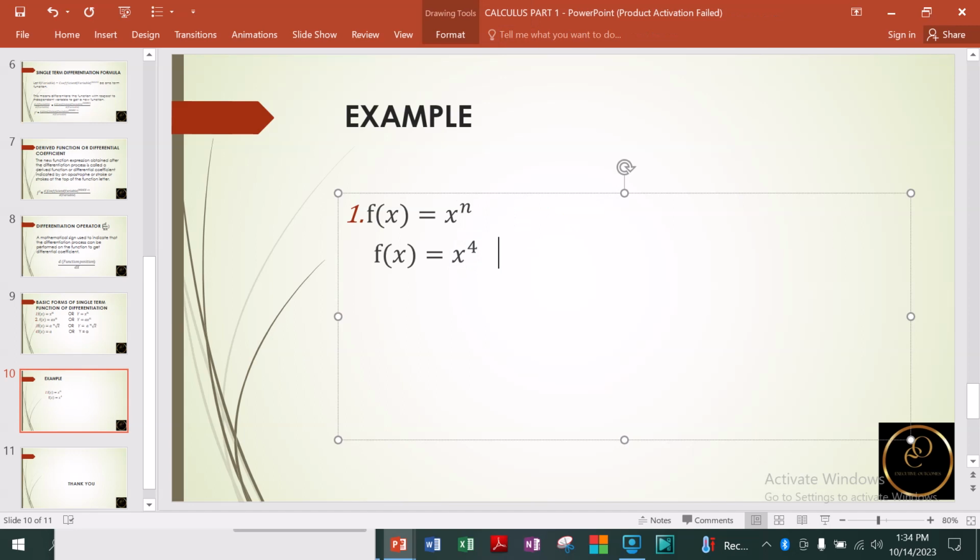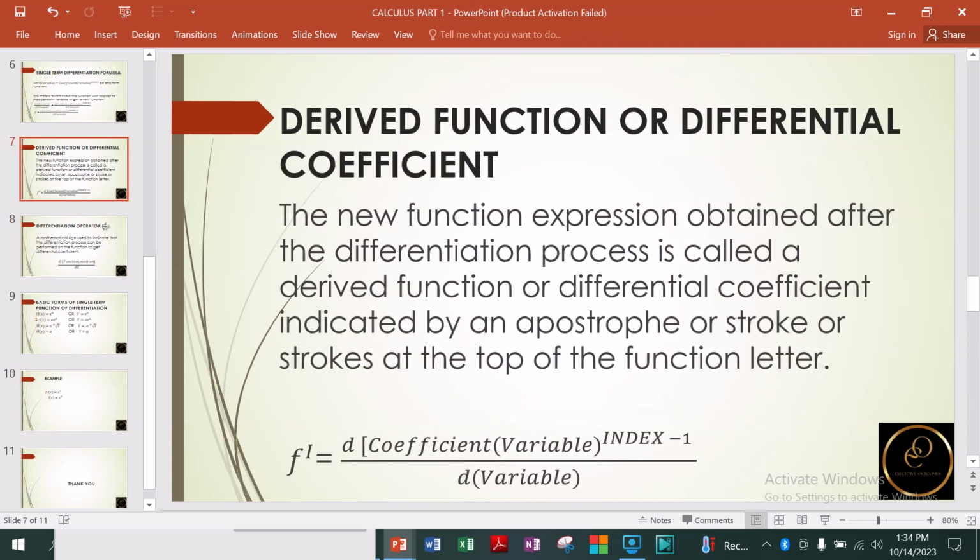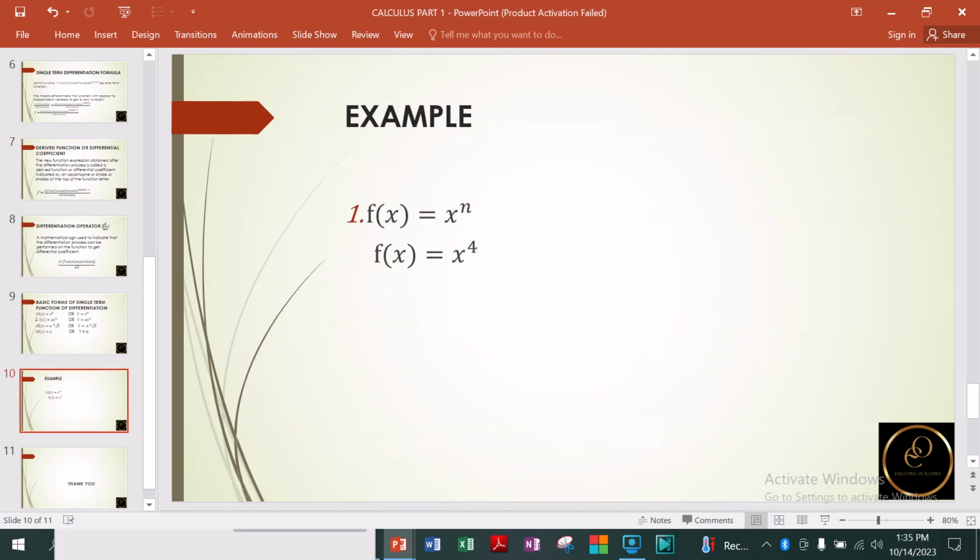So what we do in this particular case, look at the formula which I gave you here. When you differentiate it, you have this x, the index is reduced by 1. So that's what we're going to do.